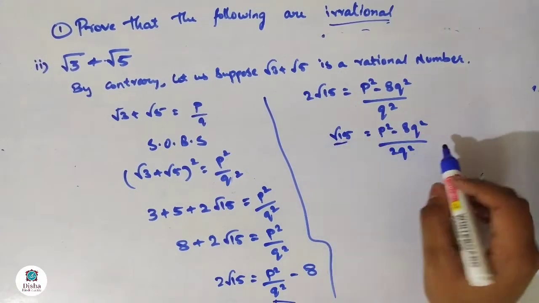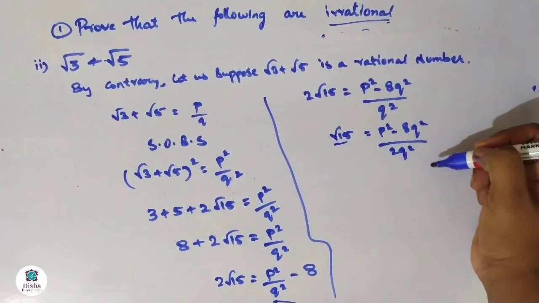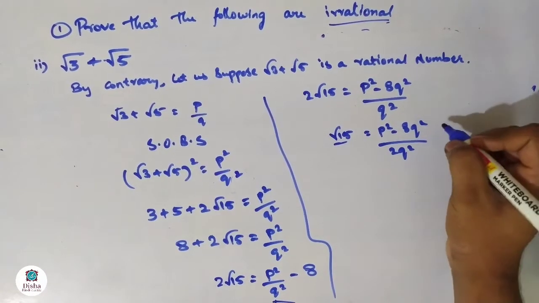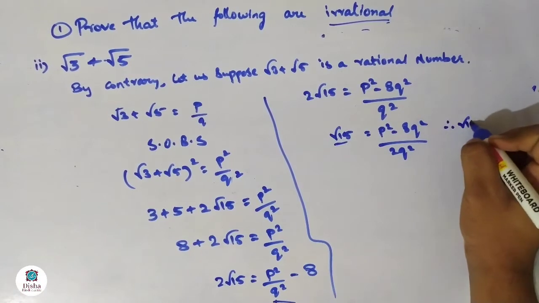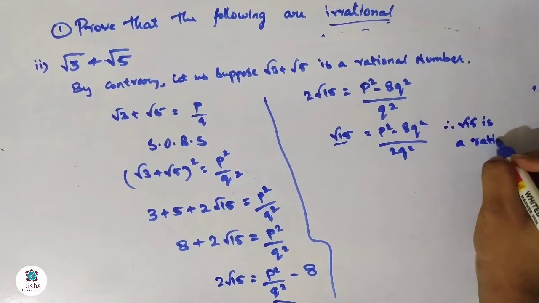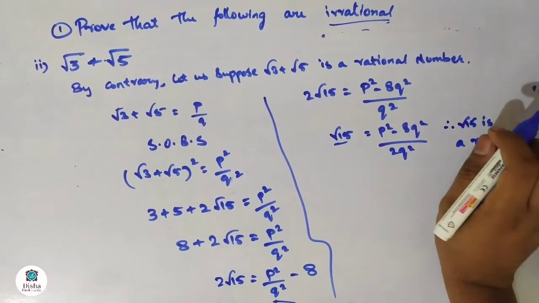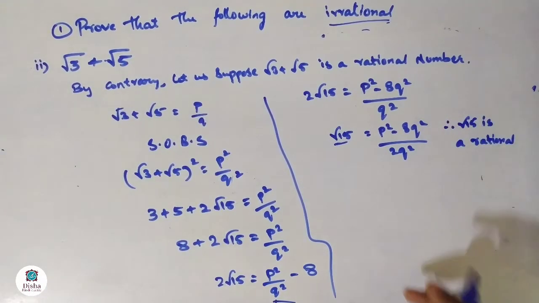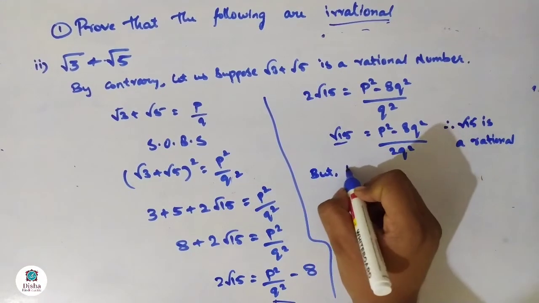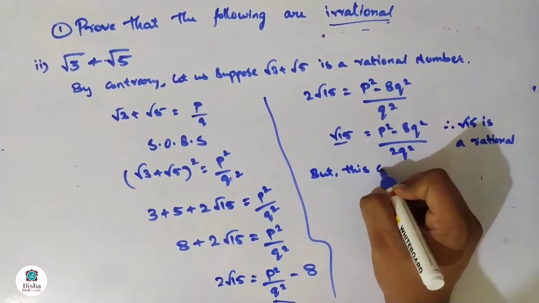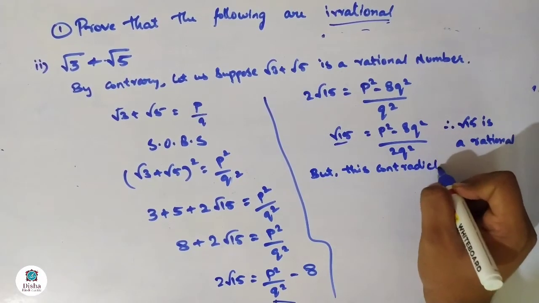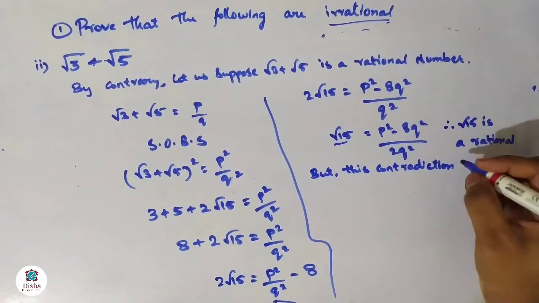So root 15 is in the form of p by q and therefore it is a rational number. So I'll write here, therefore root 15 is a rational number. But this contradiction arised. See, you have to write these statements in the examination.